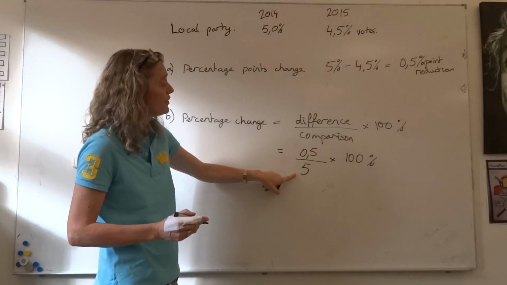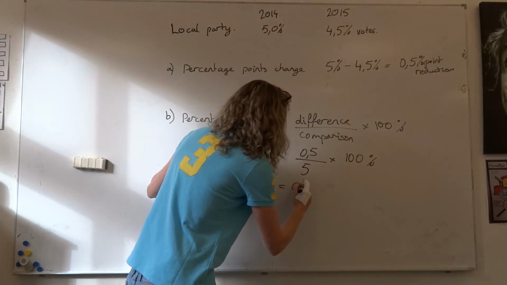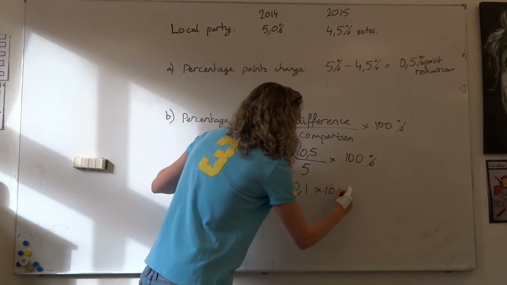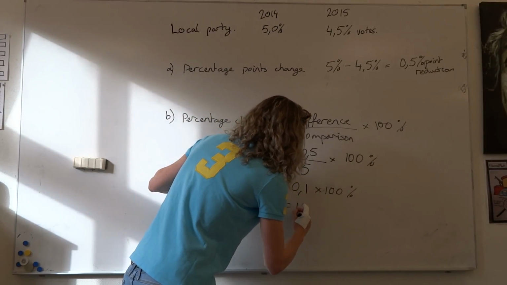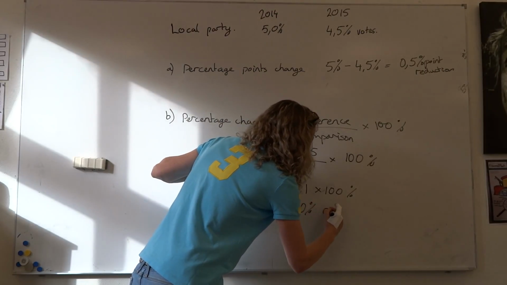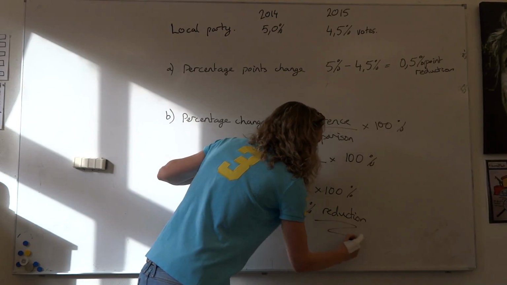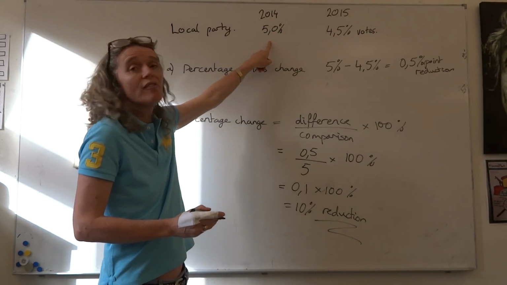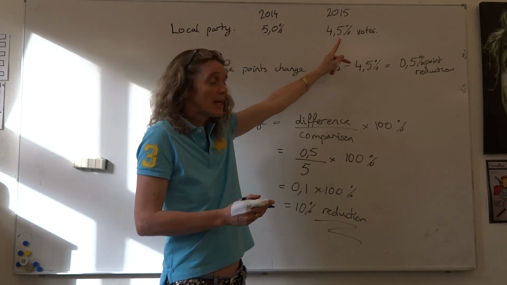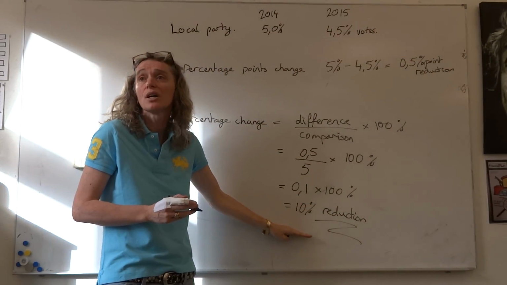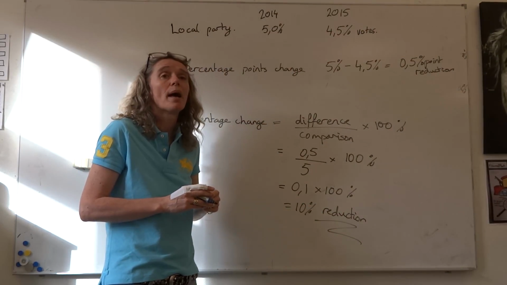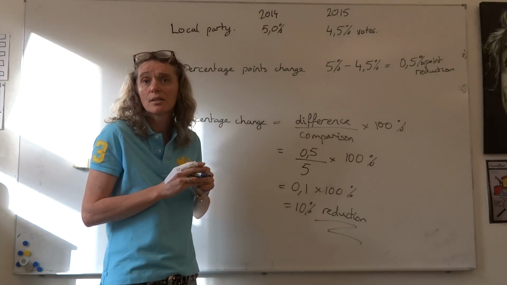So a half divided by 5 is 0.1, times 100%. We got a 10% reduction in the number of votes for this party. This party had 5% and then went to 4.5%, which gives them a 10% reduction in the number of votes compared with how many they'd had the previous year.